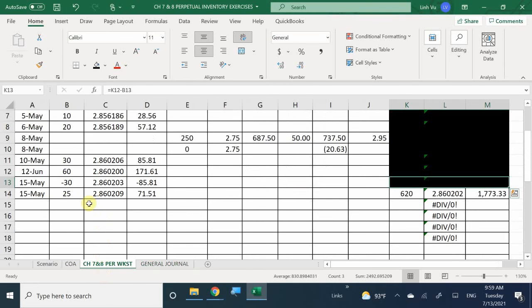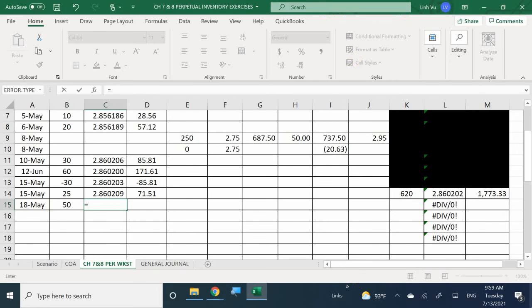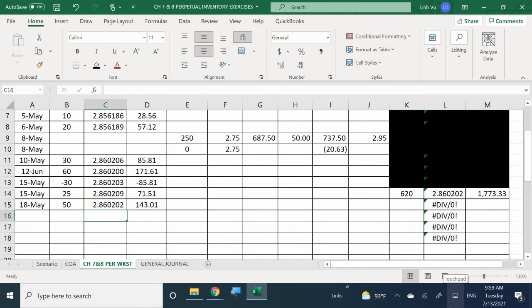to my inventory worksheet, and we're going to go ahead and plug that in. So on the 18th, we sold 50 mugs. At what cost? 86.2202.